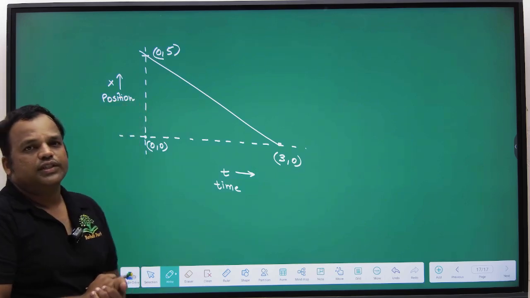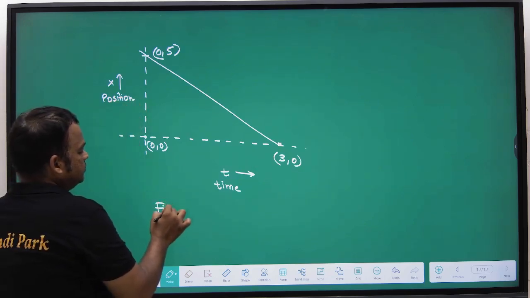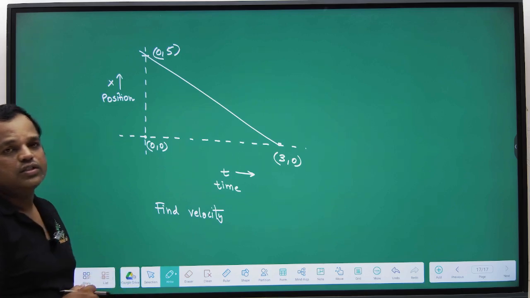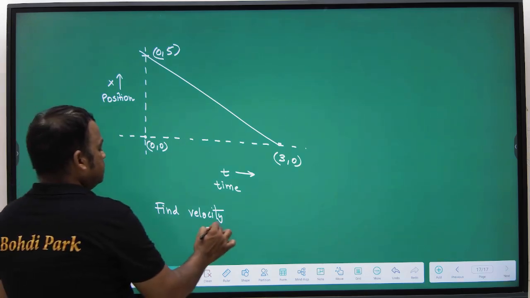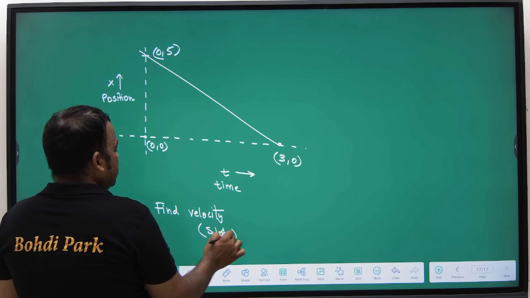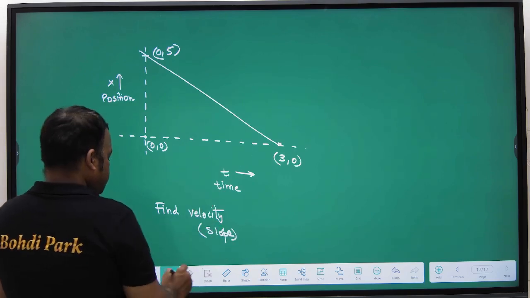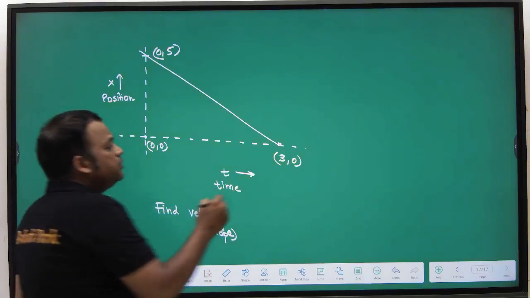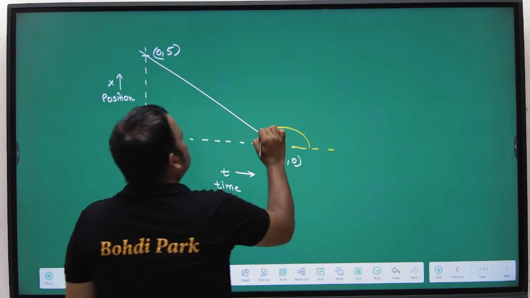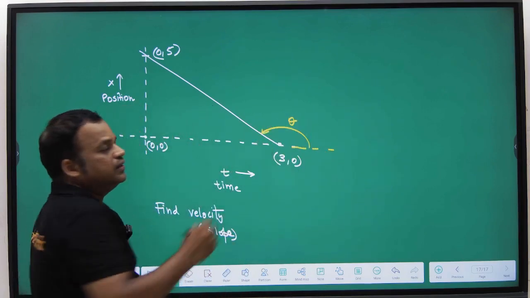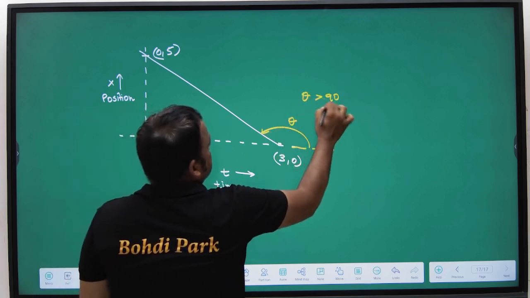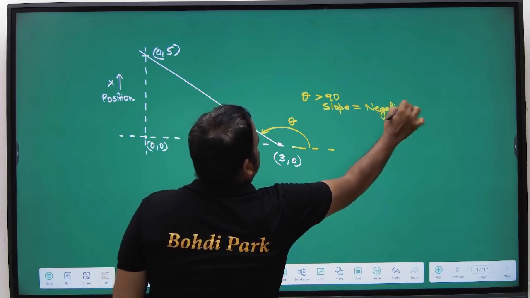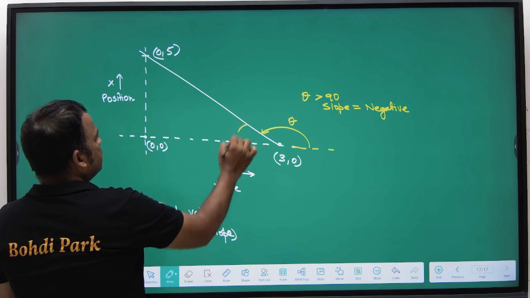What is the velocity? Find velocity. So we know that the velocity is the slope, and by looking at the shape of this graph, we can say the slope is negative because the angle theta is more than 90.